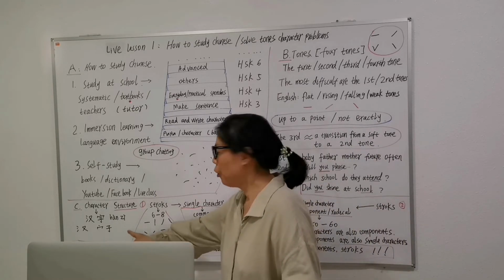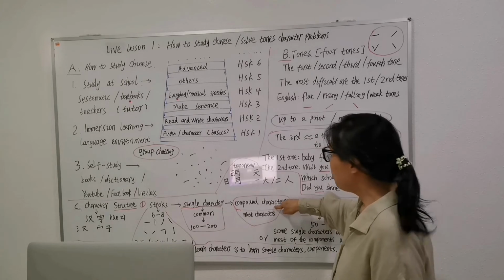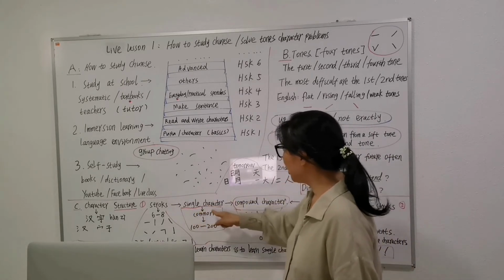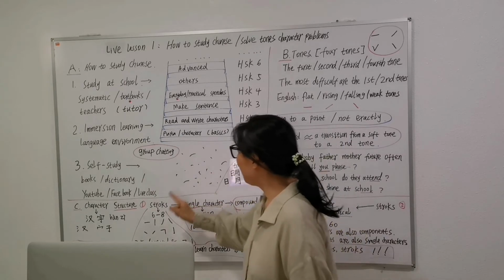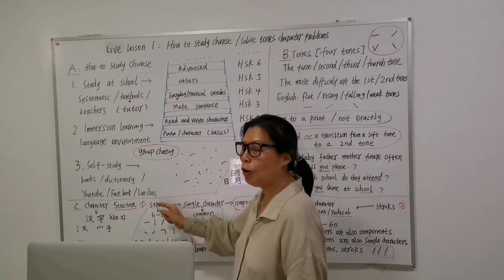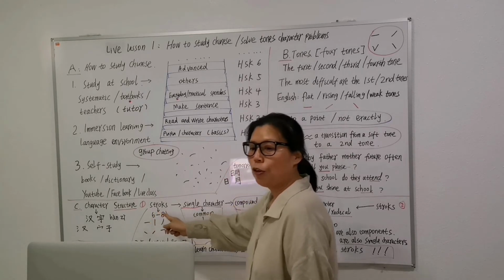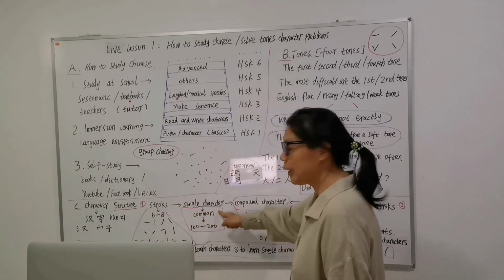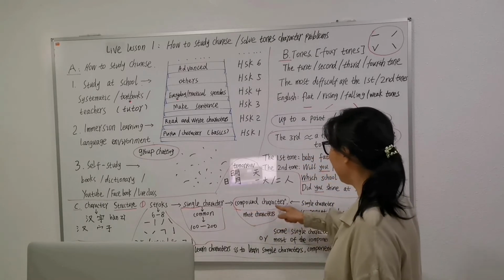Look at this first. A compound character is made up of single characters. Then a single character is made up of strokes. Or we can say strokes form single characters, then single characters form compound characters.